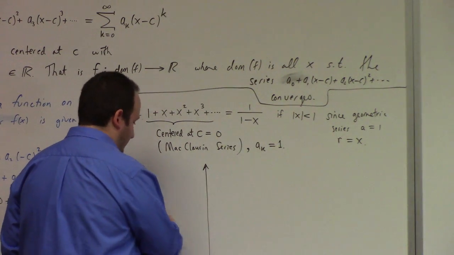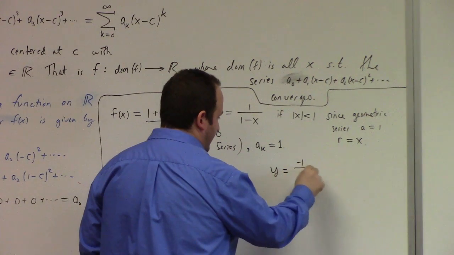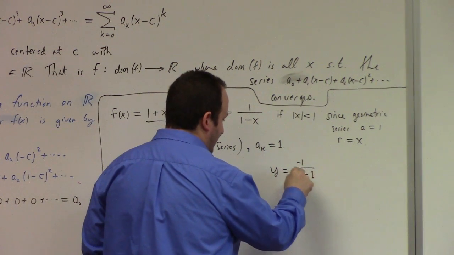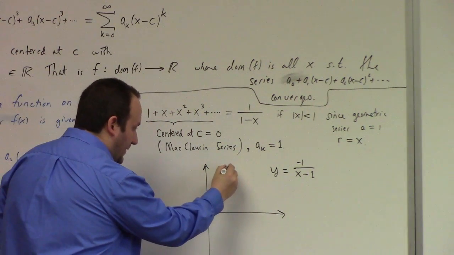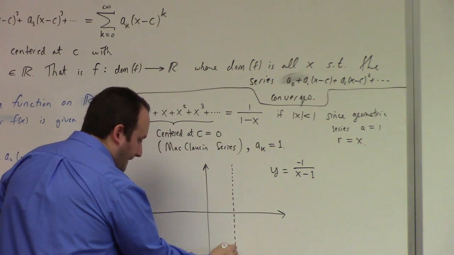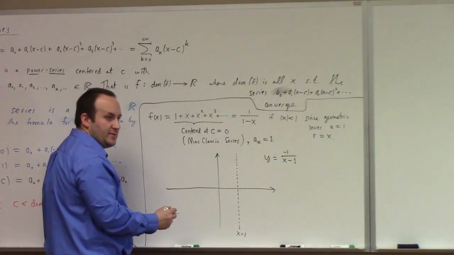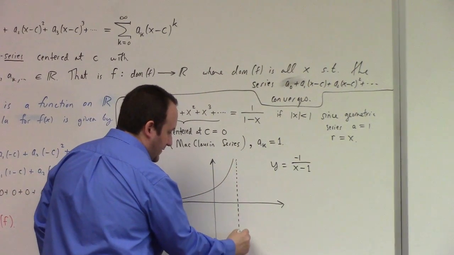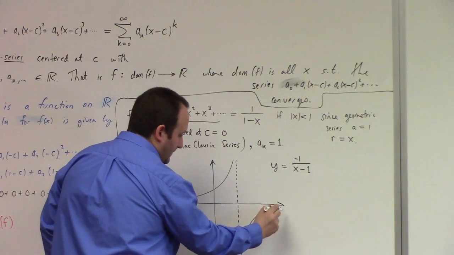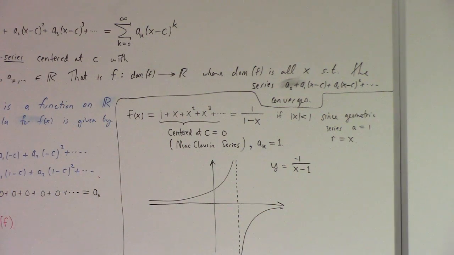So here's a graph. What is y equals 1 over x minus 1? It's easier for me to think about, because this is a rational function. It has a vertical asymptote at x equals 1, right? And what does it do? It's a reciprocal, so it blows up like that here, and it goes down here, asymptotically to 0, like so. Now, that's not a graph of the power series.